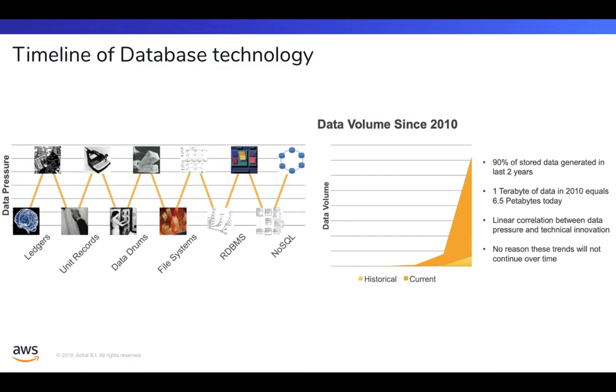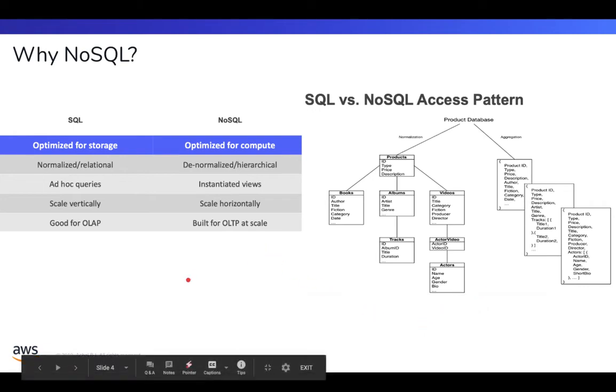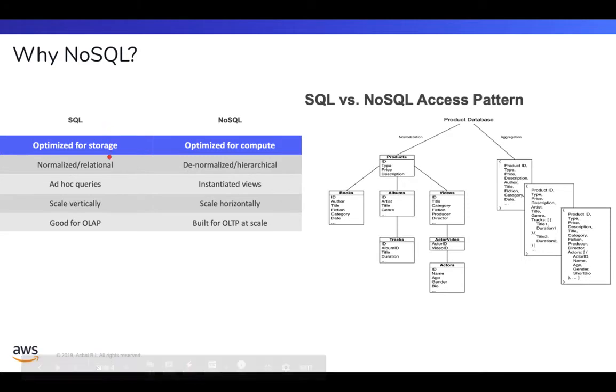Let's quickly understand how they weigh in on the features. SQL is optimized for storage. NoSQL is optimized for compute. SQL is normalized and relational, and NoSQL is denormalized and hierarchical.